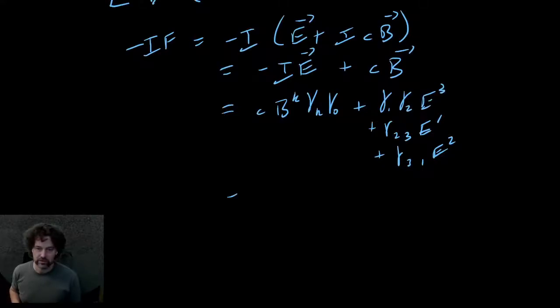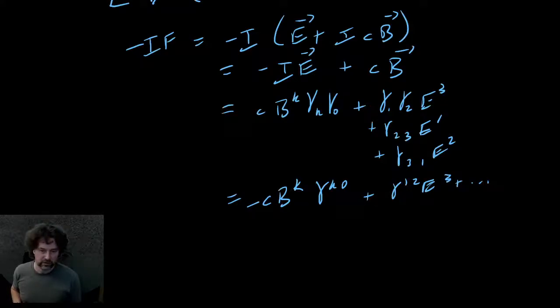And we'll just switch to the reciprocal frame. So we have C B_k minus C B^k gamma_k gamma_0, plus gamma_1 gamma_2 gamma_3, and so forth.